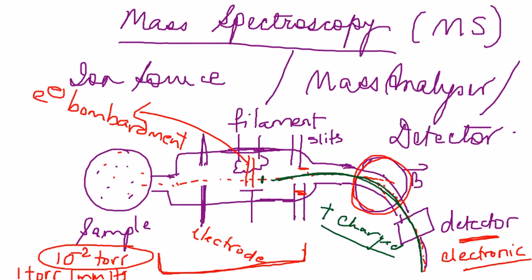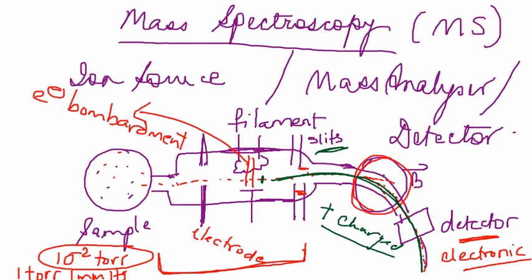Since they are positively charged, they are going to be repelled and pushed away, whereas the anions are going to be attracted to it. So these are repelled, and accelerated towards the other electrode, which has the slits. Those are the slits that I talked about earlier. And the ions pass through them as a beam.